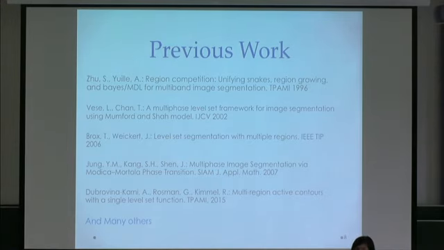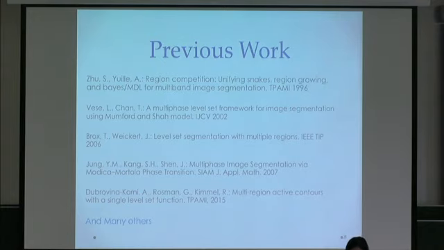Now, multi-region image segmentation has been dealt with before, and there is a long list of work. Just to mention very few of them, there is the work of Zhu and Yuille, region competition, which turned out to be really influential in the field, and then Vese and Chan proposed multi-region level set segmentation, where they use log M level set functions in order to partition the image space into regions. Later on, there are other works, one of them of Brox and Weickert.